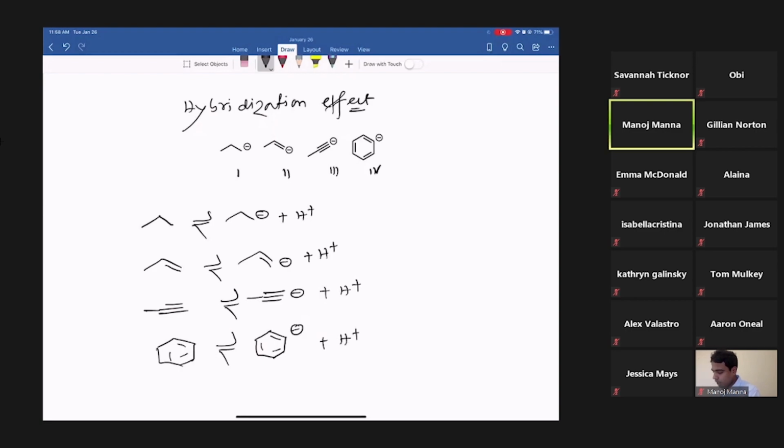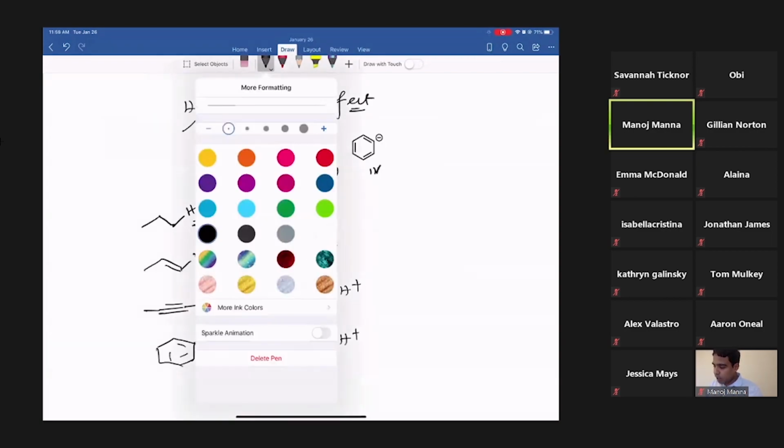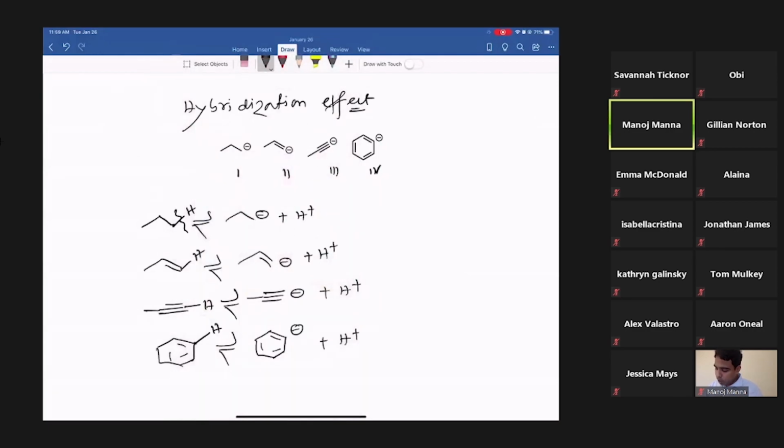Now you might be asking what I'm doing and what is going on. This carbon, you have 3 hydrogens. Let's do 1 hydrogen. This carbon also has 2 hydrogens. Let's do 1 hydrogen over here. This carbon you have 1 hydrogen. This carbon you have 1 hydrogen, right? So basically, if you are breaking this bond, then you get H plus and the corresponding conjugate base. This is the conjugate base. If you break this bond, this bond, this bond, that means you are getting the corresponding conjugate bases.